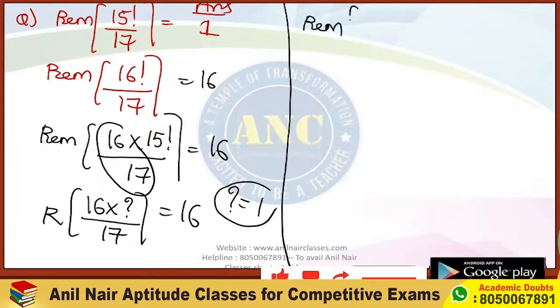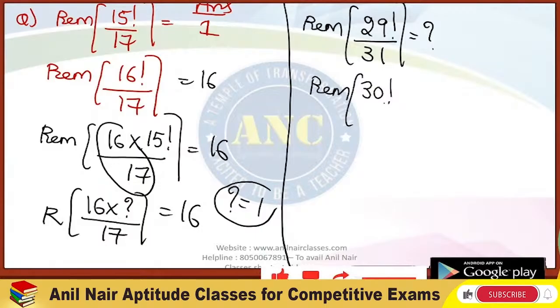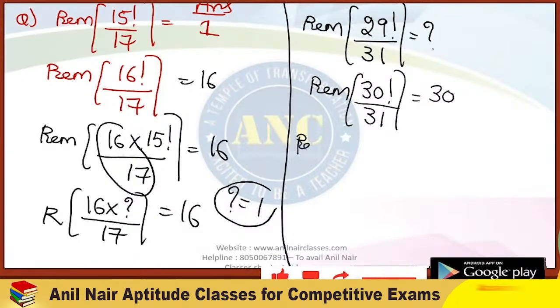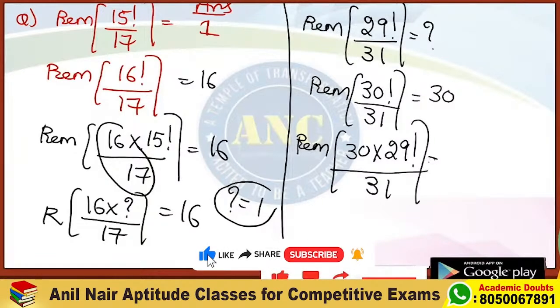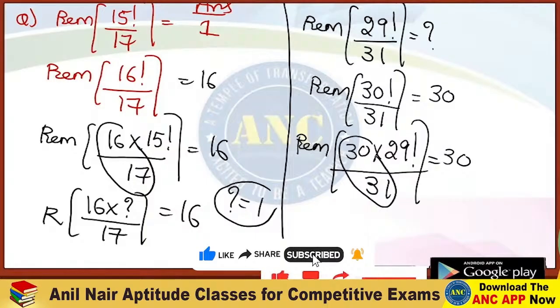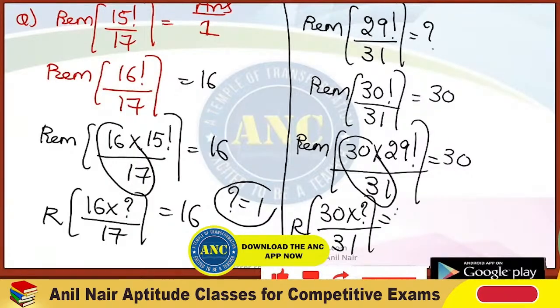Suppose in case the idea is not clear. 29 factorial divided by 31. Now if you observe carefully, 30 factorial divided by 31, P minus 1 factorial by P, it is 31 minus 1, which is 30. 30 factorial is 30 into 29 factorial divided by 31, the remainder is 30. 30 by 31 is 30, 29 factorial by 31 is question mark, divided by 31 it is 30.